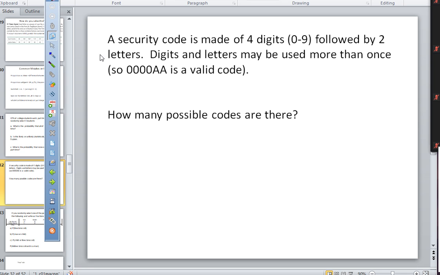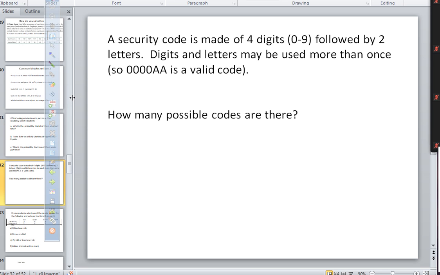I want to take a picture of this one. I'm going to give you 2 of them. Does everyone have a picture of it? Or just write down 4 digits followed by 2 letters. How many letters in the alphabet? 26.